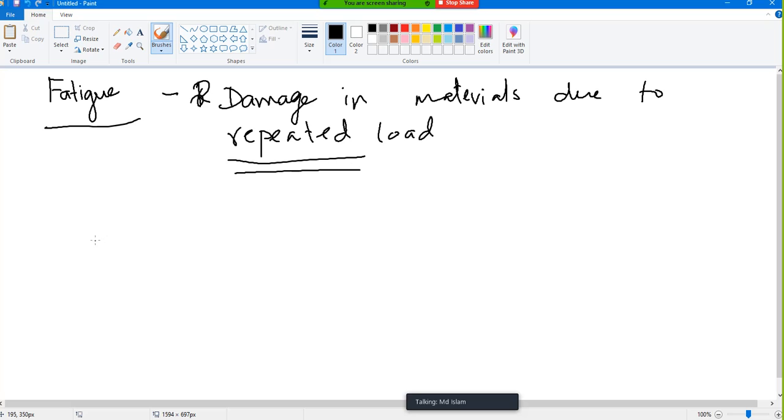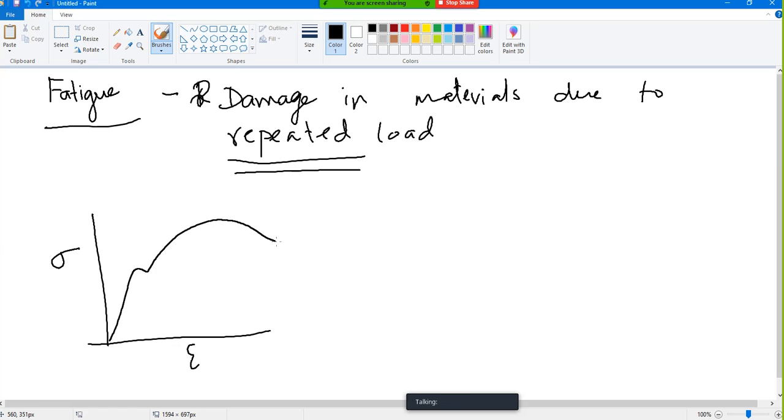Yes, if I draw the stress strain diagram of, say, mild steel, the diagram is this. This is ultimate. This is failure. You saw this diagram many times. Now, if you reach this failure, it means my material will fail.